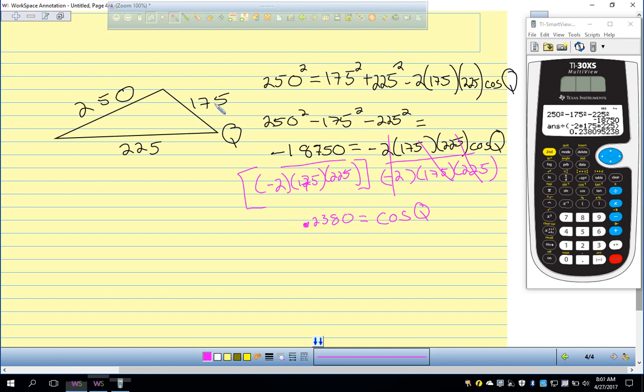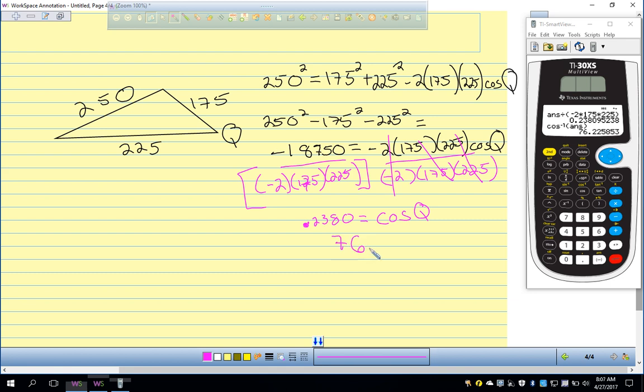That just means you're going to get an angle bigger than 90. So how do I find out what Q is if I know the cosine of Q is 0.238? Then you do the second, okay? So that's where I go second cosine, second answer, and I get out about 76.22 degrees.